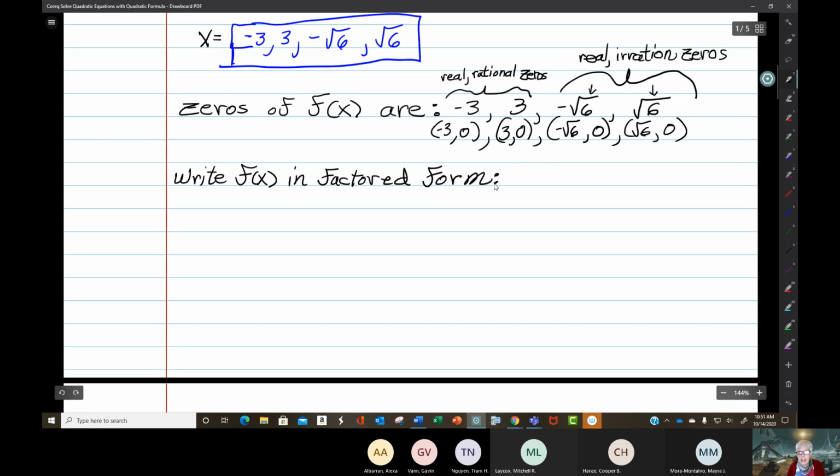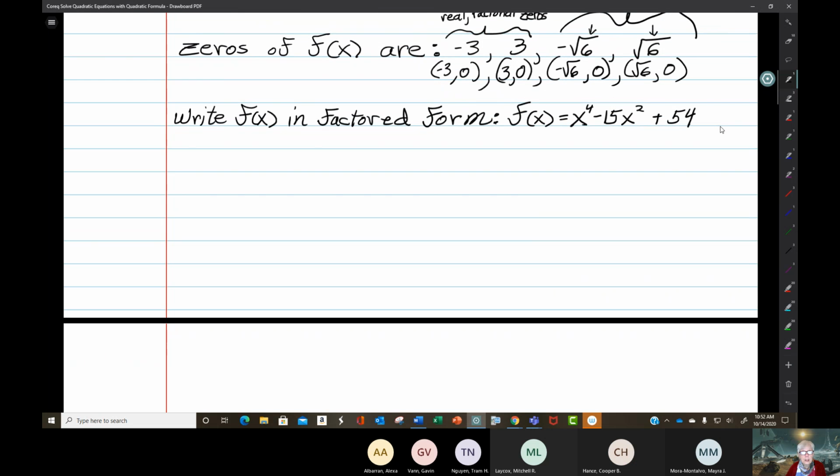Now remember that f of x equals x to the fourth minus 15x squared plus 54. How do you write that in factored form?